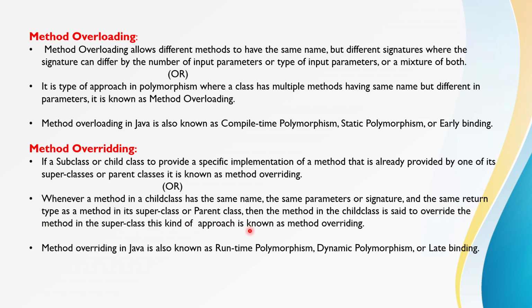This kind of approach is known as method overriding. Method overriding in Java is also known as runtime polymorphism, dynamic polymorphism, or late binding. This definition is for understanding purposes. If you want to keep it simple, then the first definition is enough. So let us see the next question.